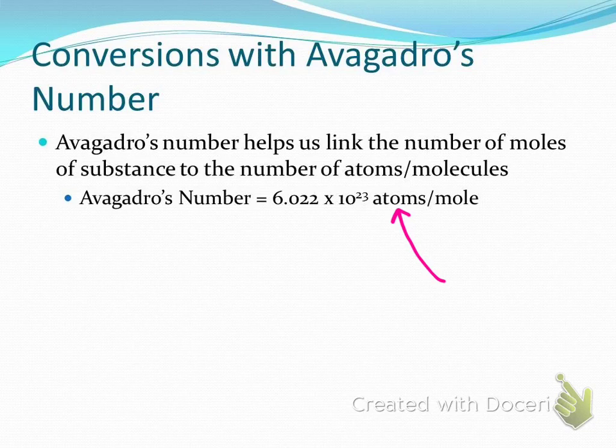Because 1 mole always equals that number. Okay, just like a dozen of anything equals 12 of anything, this is just a much bigger scale of that. Okay, so it doesn't always mean atoms per mole, but most of the time that's the reason we use this number. We don't see a mole of anything in the real world.